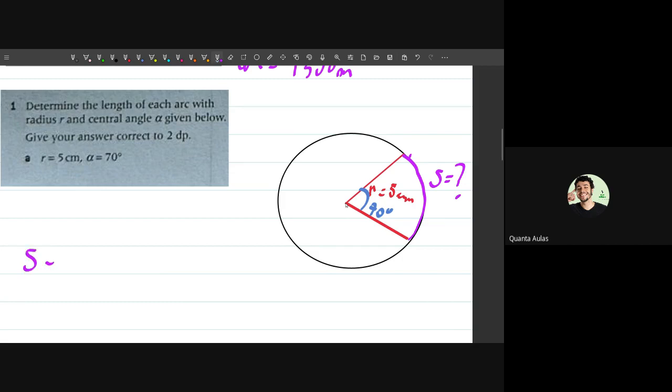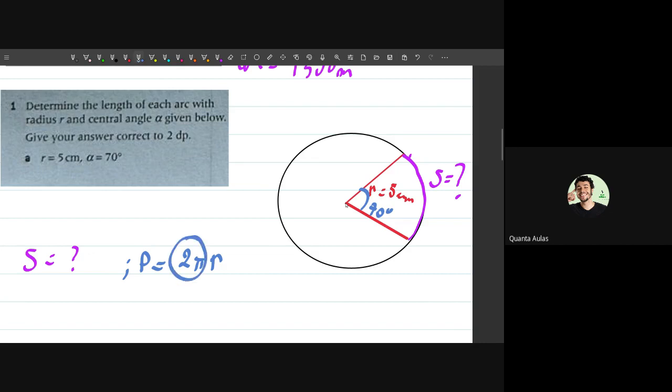What is the arc length of the sector? We have an equation for this. It's similar to the equation of the perimeter of a circle. The perimeter of a circle is 2 pi r. I suppose you know this equation.